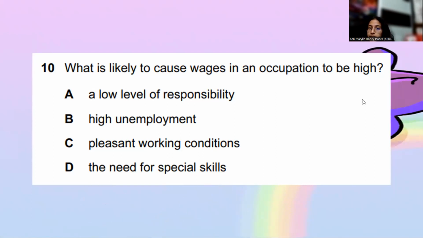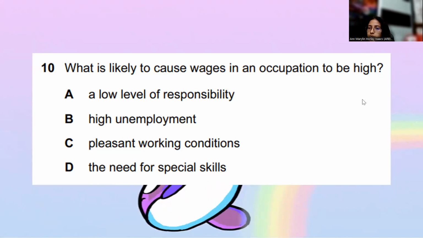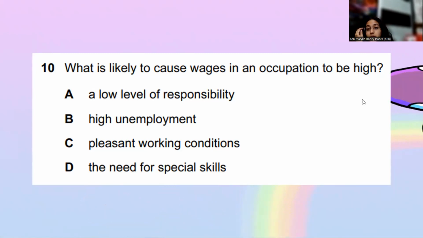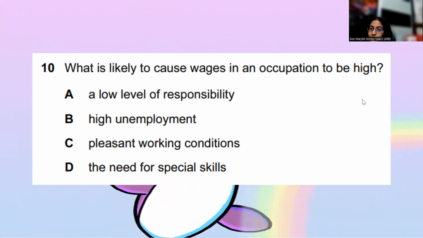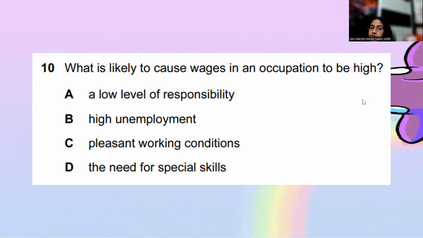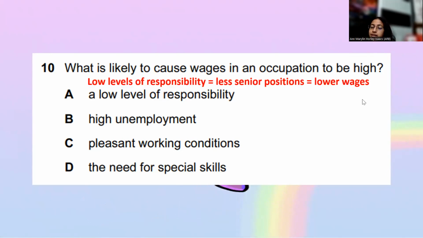Yeah, we don't expect them to stay late. We don't expect them to do a lot of work. We don't expect them to take on a lot of tasks other than what they're employed to do. So workers who have a low level of responsibility would generally not be paid very much wages. Okay, so a low level of responsibility means wages are low.